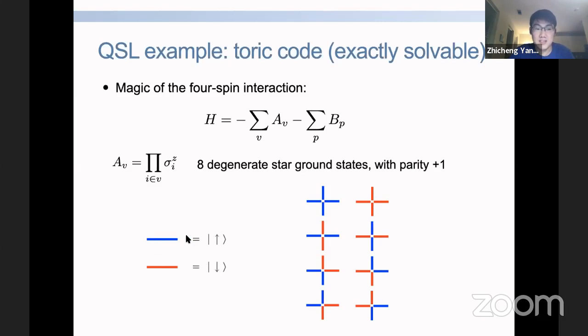Let me draw up-pointing spins as blue links and down-pointing spins as red links. Here are the 8 classically degenerate star ground states. This is basically the 8-vertex model. You can check that the number of down-pointing spins associated with each vertex has to be even, because then it multiplies to +1.